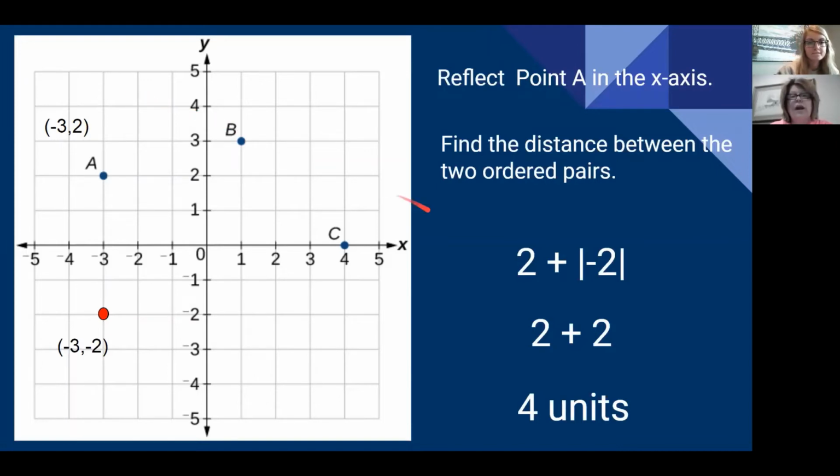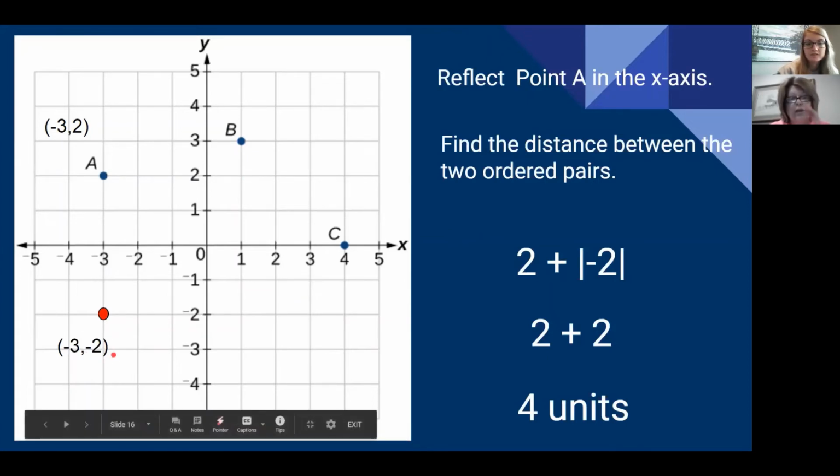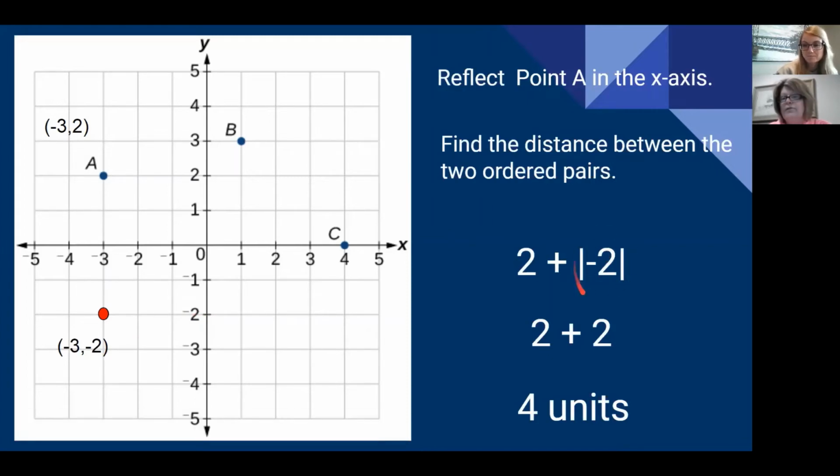So here I have the 2 from this ordered pair, and I'm adding the 2 from this ordered pair, which is really a -2. And remember, if I have a -2, I'm going to find the absolute value of it. So 2 comes down plus, we're going to evaluate this expression.